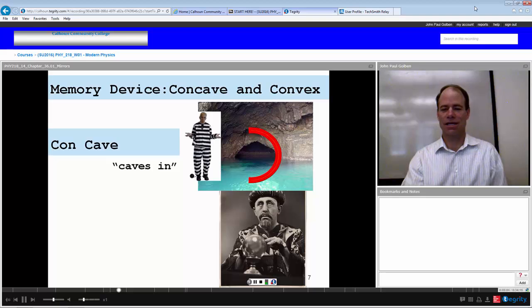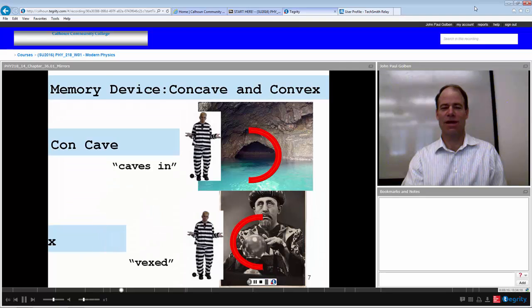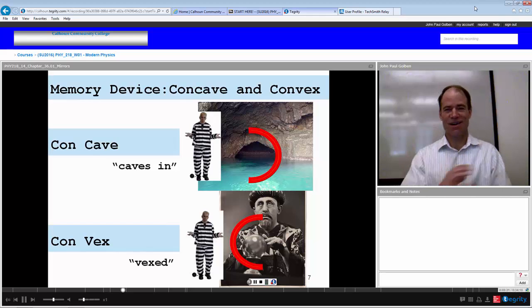Here is a fortune teller trying to vex you. With the crystal ball and a con, we have convex. See? Convex for the outer spherical surface, and concave for the caved-in spherical surface.